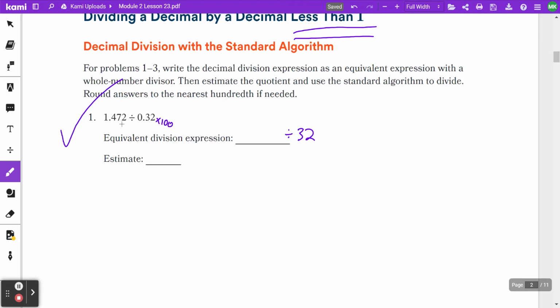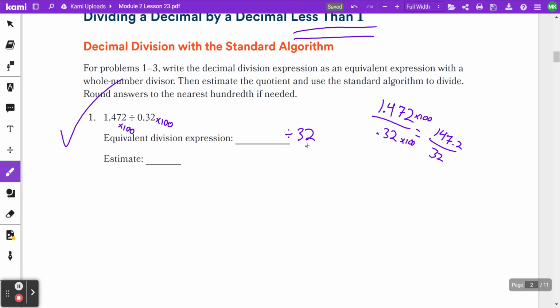But if I do that to one side of my division problem, I need to do the identical thing to the other. It's kind of like looking at a fraction. A division problem is a fraction. I multiplied the bottom by 100 to get my 32, so I must do the same thing to the top.